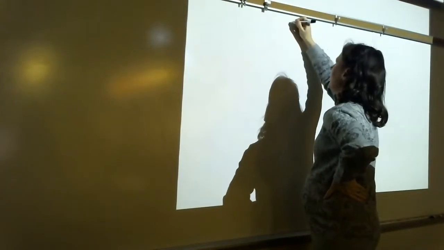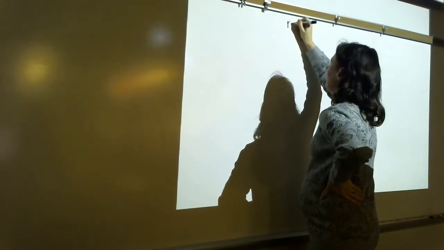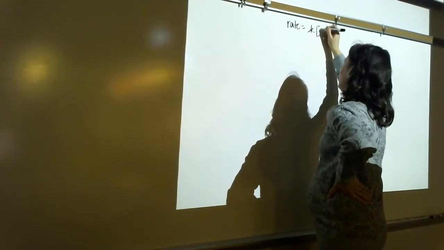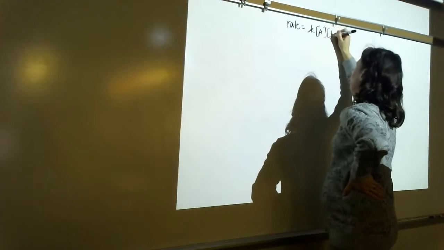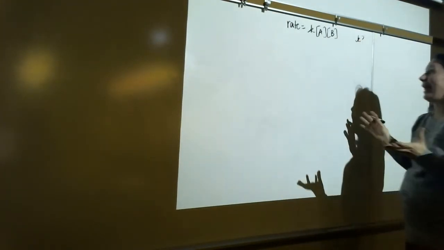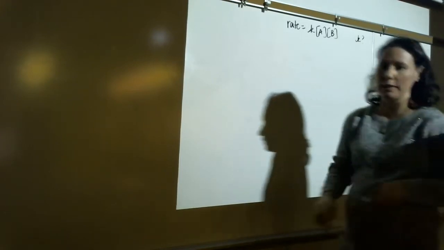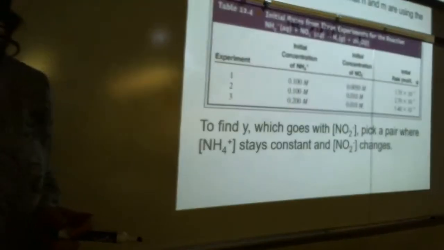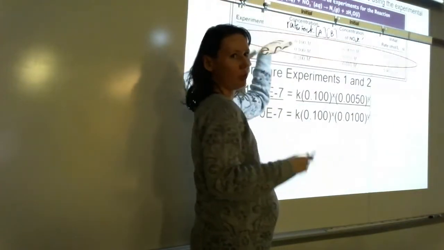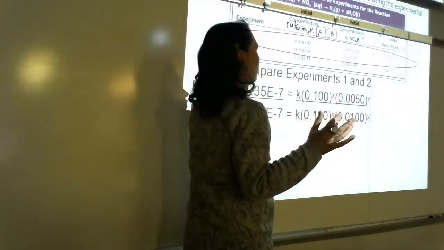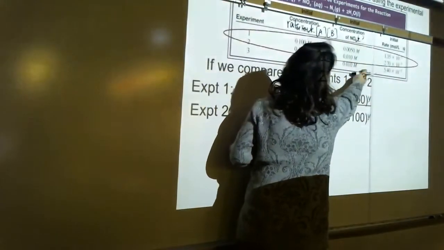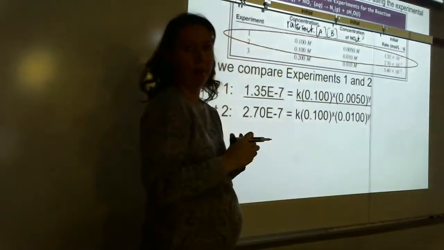All right, let's just pretend that my rate is equal to K, and let's just use A and B. A, B. And I want to know what's K. So to get K, you go to your data table, all right, and you pick any one of these trials, whichever one makes you happy, trial 1, trial 2, or trial 3, it doesn't matter, and then you just plug the values in and solve for K, okay?